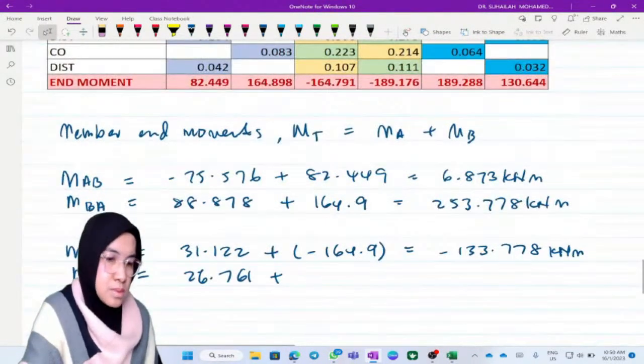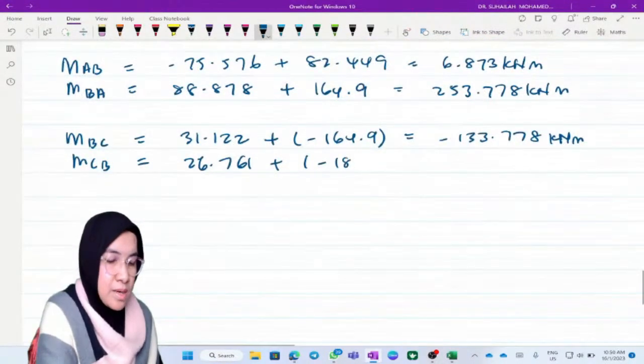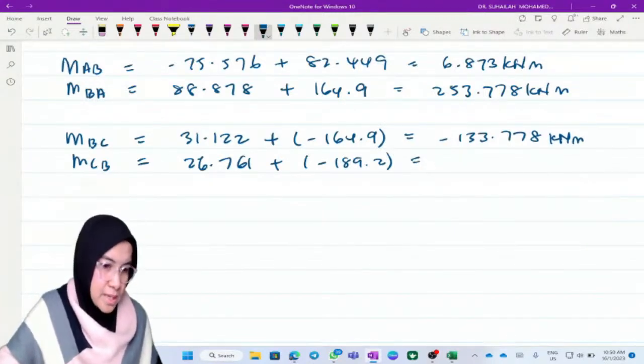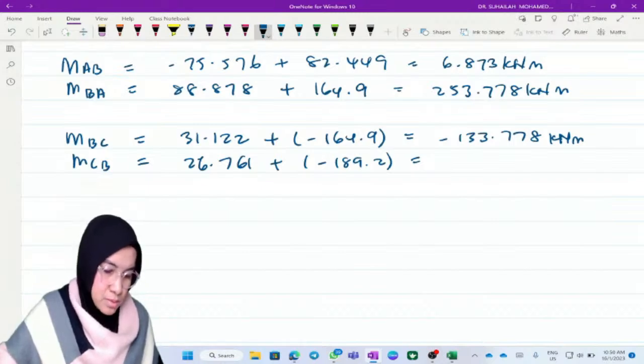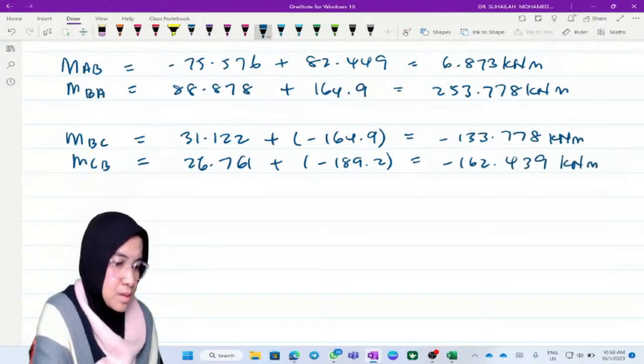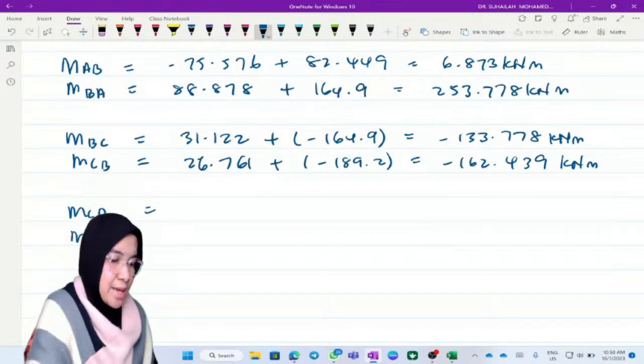So 26.761 minus 189.2. So we get negative 162.439. And then we have MCD and MDC.